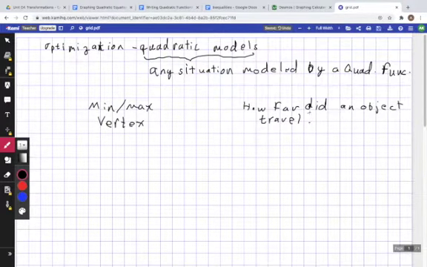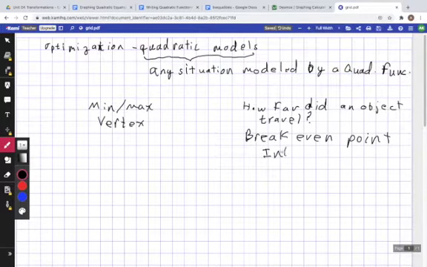Another question that would be answered the same way as this one would be, when do we break even? So, the break even point. But regardless of which one of these we're actually talking about, both of these are done by looking at the intercepts. So we're either going to be looking for the vertex or we're going to be looking for the intercepts.